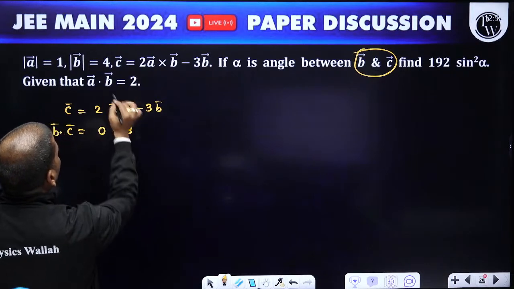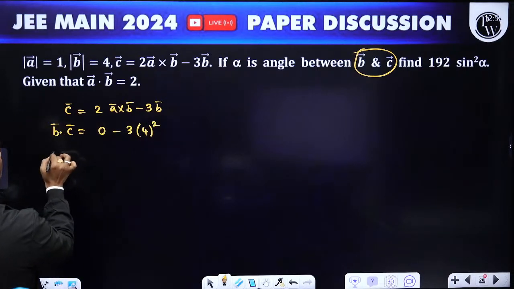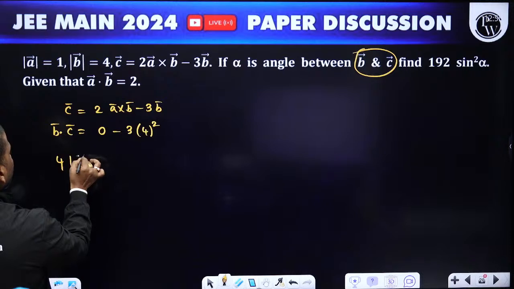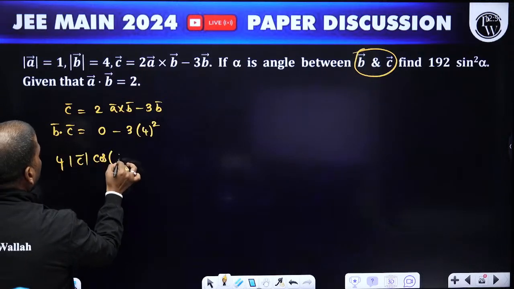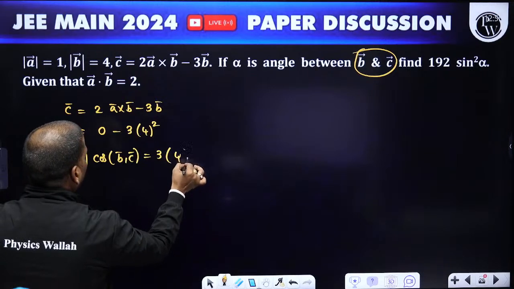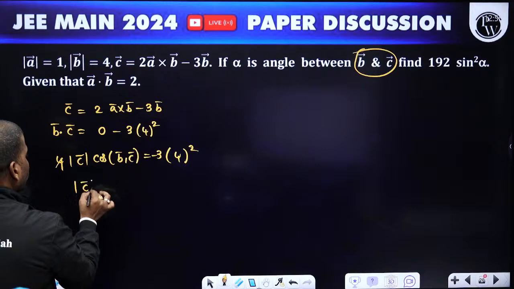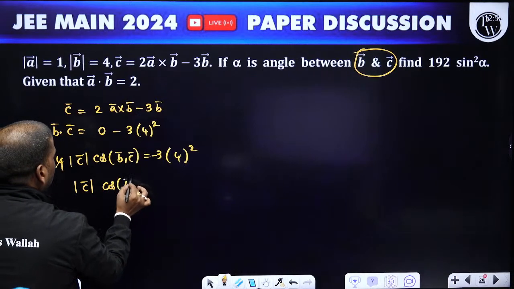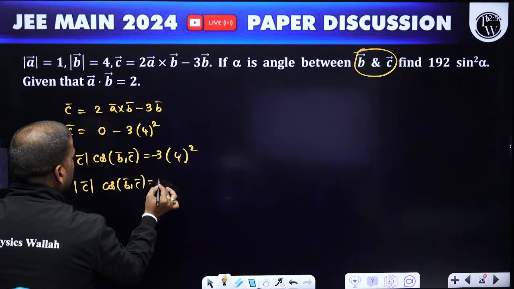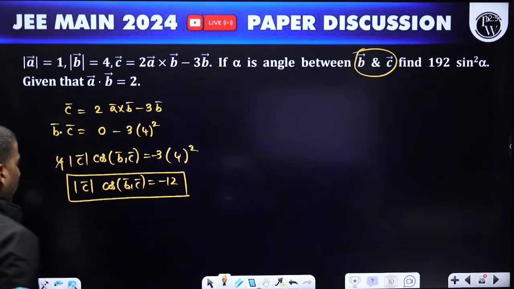So, B dot B means 4 square. So, mod B, that is a 4, mod C, cos of angle between B bar and C bar, which is equal to 3 times 4 square minus 3, 4 got cancelled, mod C cos angle between B and C, which is equal to minus 12. So, this is what it is, right?